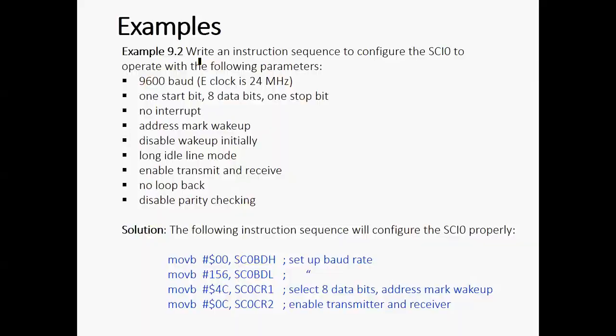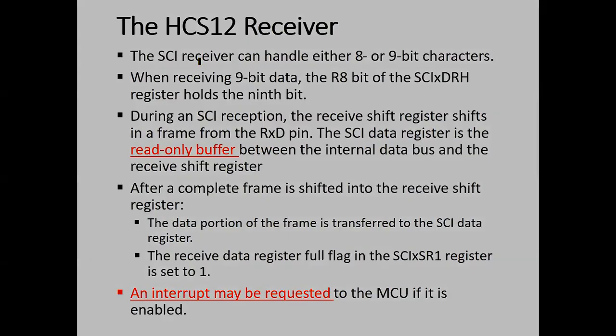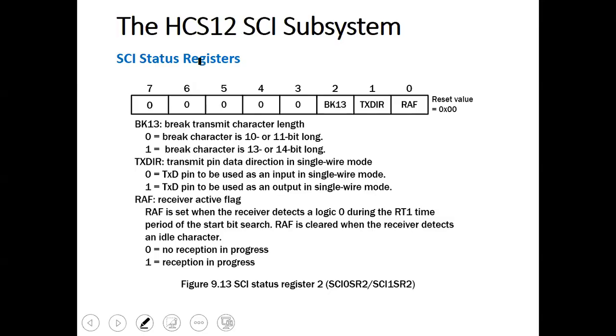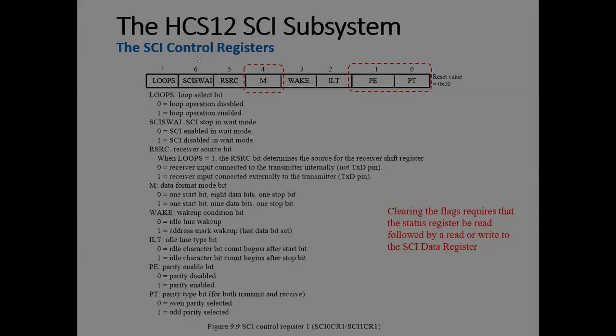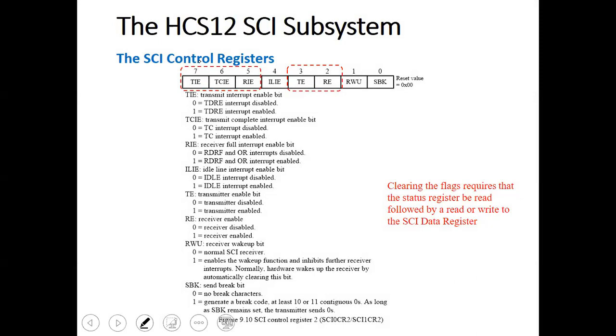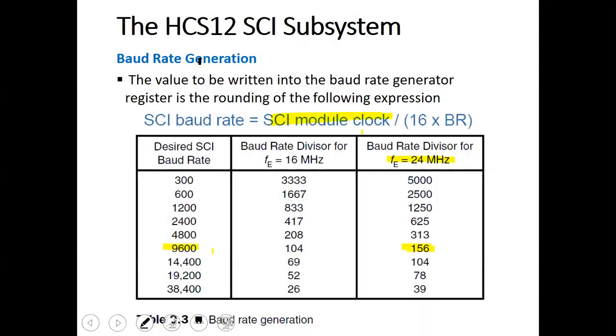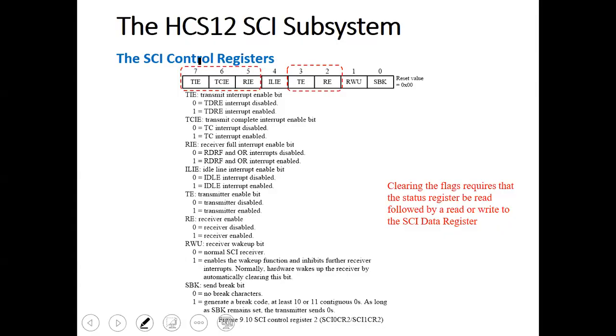enabled or disabled. So let's go back, for example, to SCR01, control register number 1. This is control register number 1. So if you look at the bits that we have here, this is the transmitter interrupt enable. So the example requires no interrupt. So they are all interrupts.